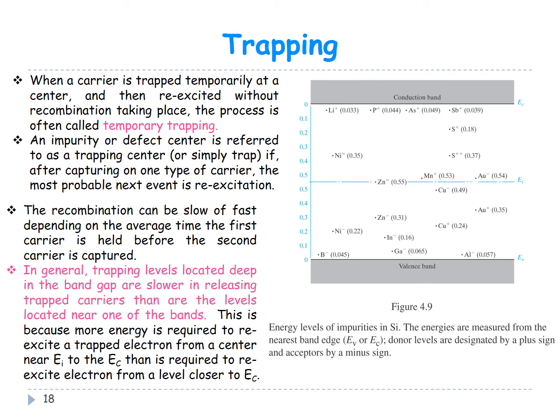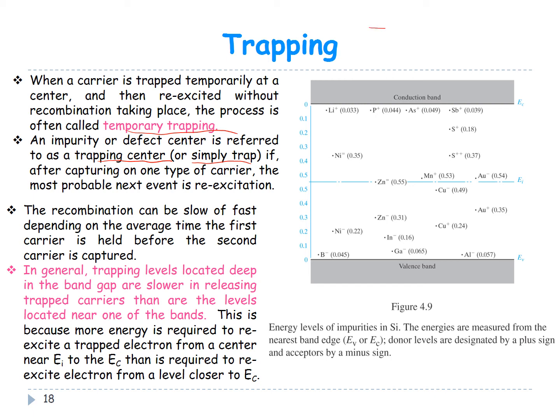So now, how do you actually distinguish between a recombination center and a trap? When a carrier is trapped temporarily at a center and then re-excited without recombination taking place, the process is often called temporary trapping. An impurity or defect center is referred to as a trapping center, or simply a trap, if after capturing one type of carrier, the most probable next event is re-excitation.